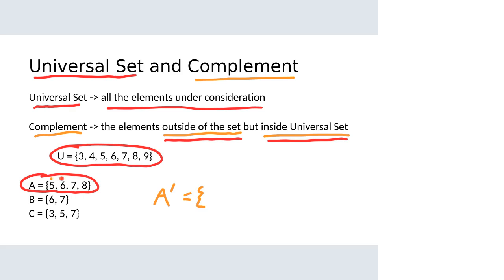So my set is 5, 6, 7, 8. Outside of that, but in the universal set, is going to be 3, 4, 9. So A complement is going to be 3, 4, 9. Everything that's outside of the set, but inside the universal set, that's the complement. Let me know if you have any questions on what the complement is.